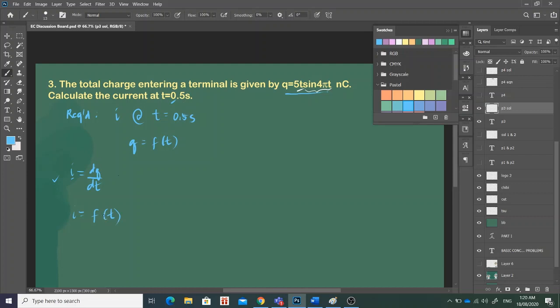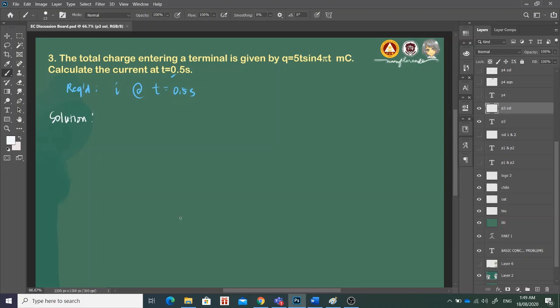So, ang kailangan lang natin gawin is to substitute Q, and then the operation is to differentiate and then makukuha natin yung equation ng current. So, yung makukuha nating sagot dito is not an exact value but an equation of current or current as a function of time. Ngayon, substitute natin yung ating time, which is 0.5 seconds, to get the exact value of the current of the system. Okay, ganun ang magiging atake natin dun sa problem natin.